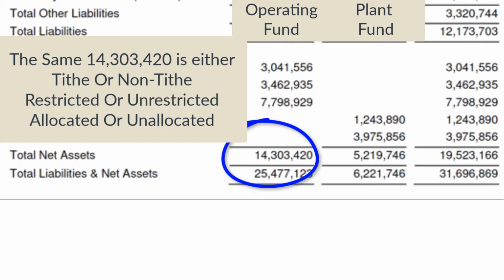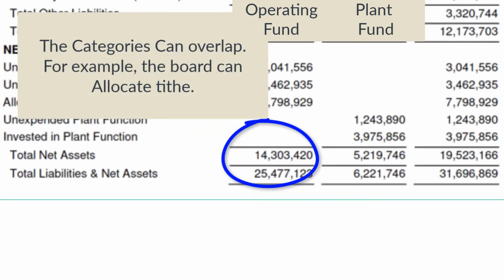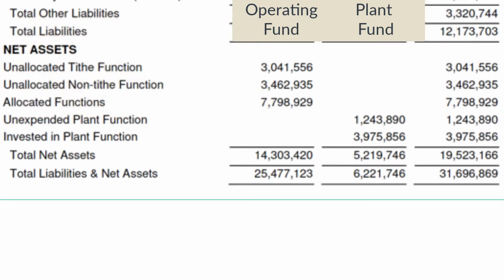There is considerable interaction between the allocated dimension and the others. The board can designate tithe to the Igbo evangelism allocated net asset. That is because evangelism is an approved use of tithe. That is, it says we want to set aside this tithe and earmark it for evangelism among the Igbo.